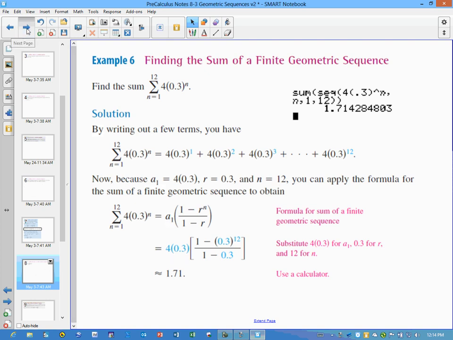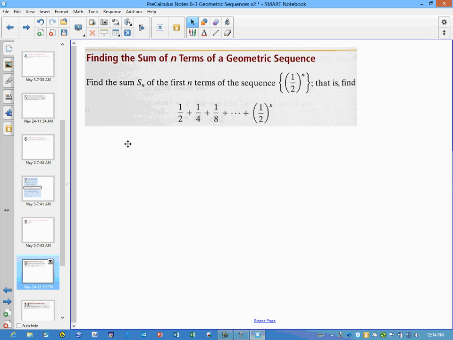All right, let's look at another example. Here we need to find the sum S sub n of the first n terms of this sequence. This is the set of numbers where it's 1/2 to the n. So the sequence can be 1/2, 1/4, 1/8, etc., all the way up to whatever n is. Now notice they don't tell us what n is, so we need to come up with a formula for this sum.